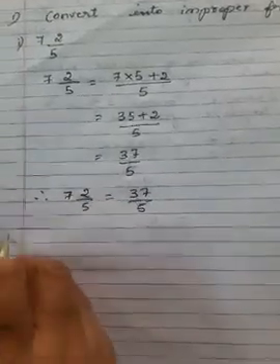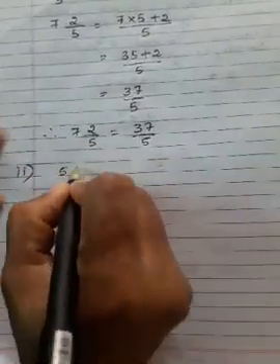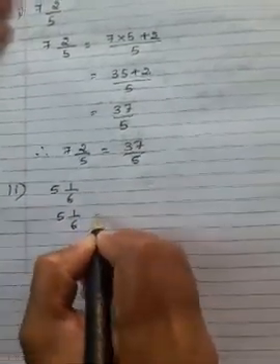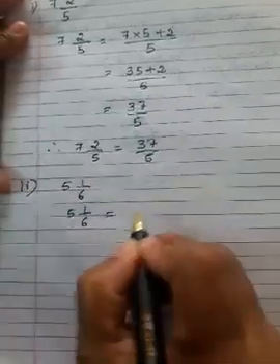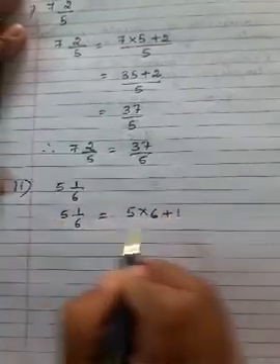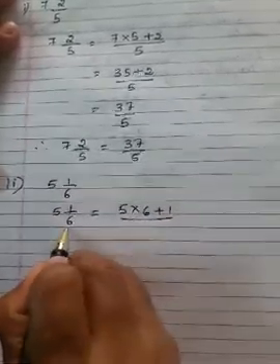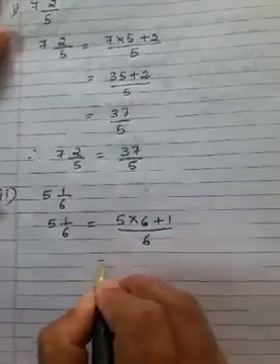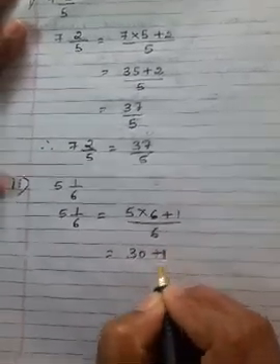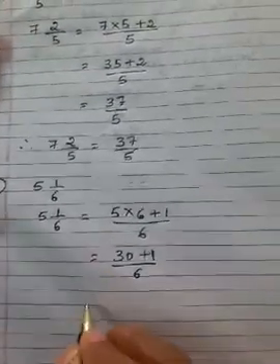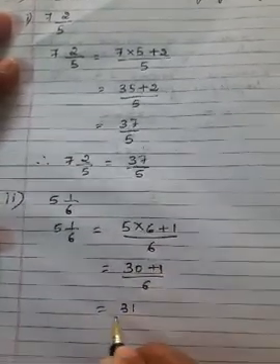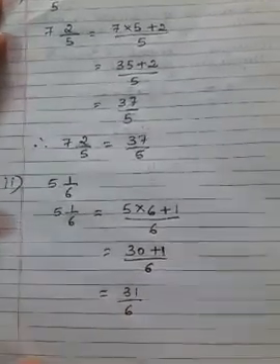Next, the second one, 5 1 upon 6. So how to convert a mixed fraction into an improper fraction? Multiply 5 into 6 plus 1 in the numerator, and the denominator remains the same, 6 only. 5 6s are 30 plus 1, divided by 6. 30 plus 1 is how much? 31 upon 6, correct?